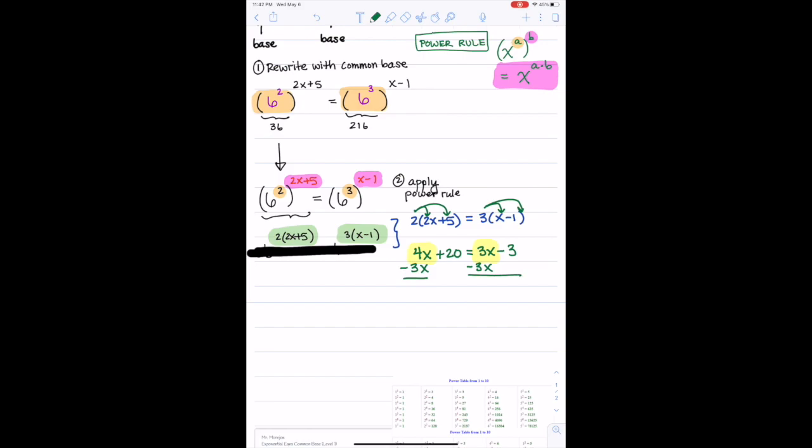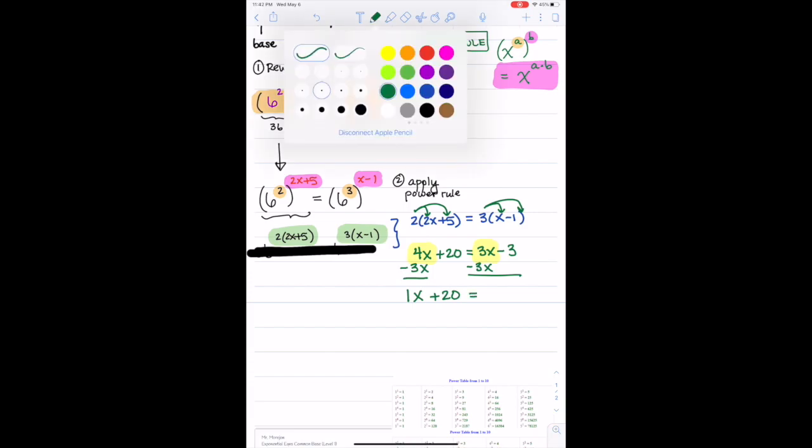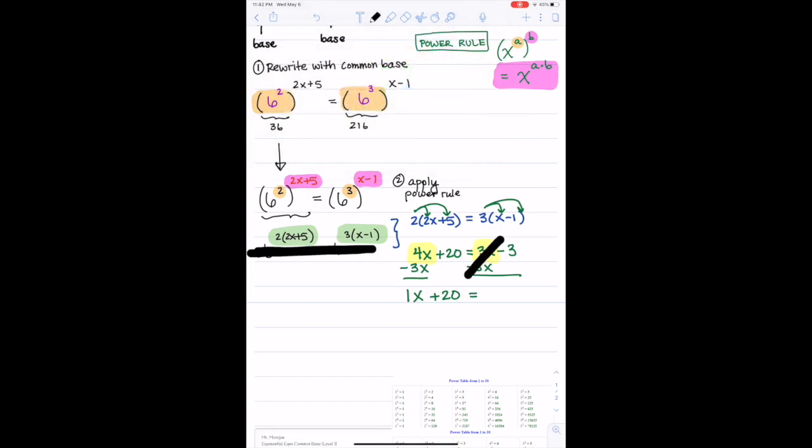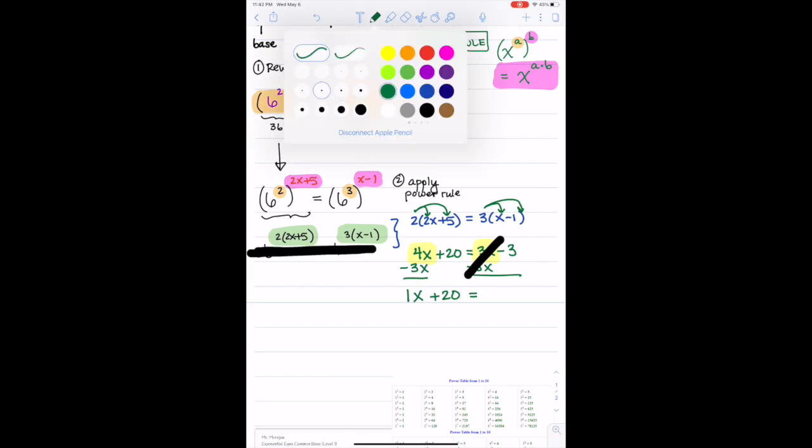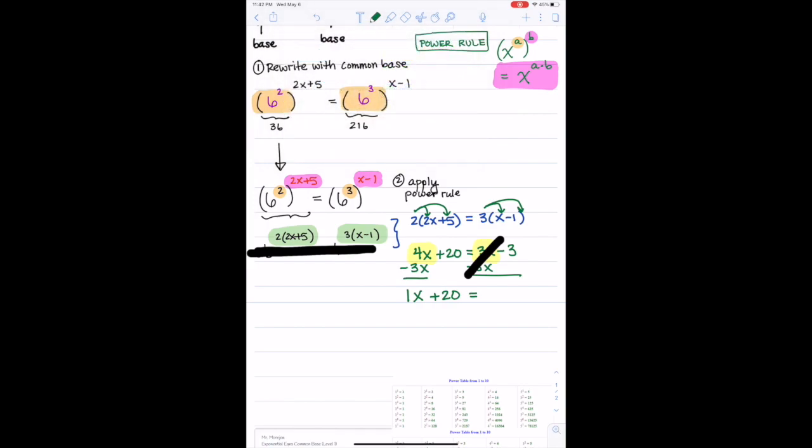So that's going to be 1x plus 20 is equal to, this will cancel, this will cancel, and let's see, 1x plus 20 is equal to minus 3.